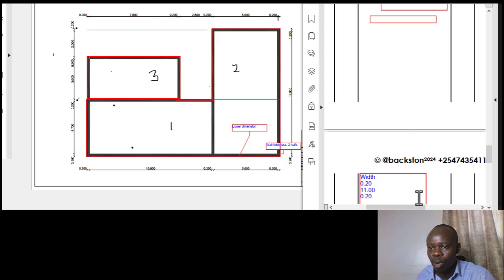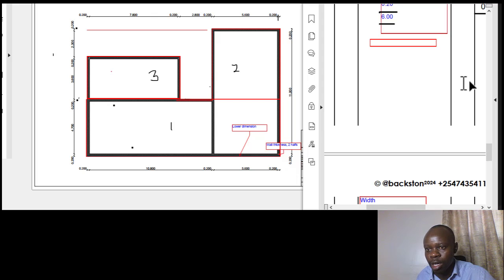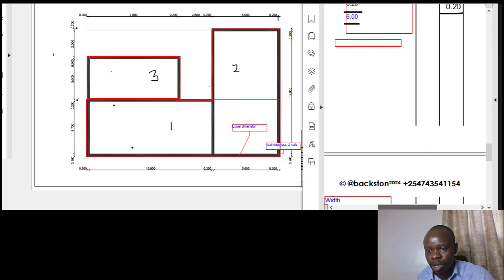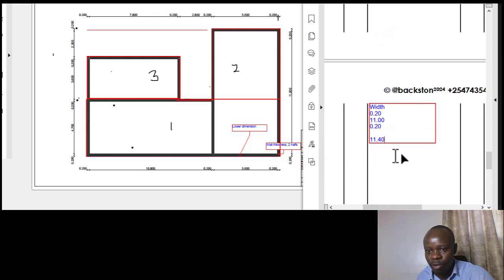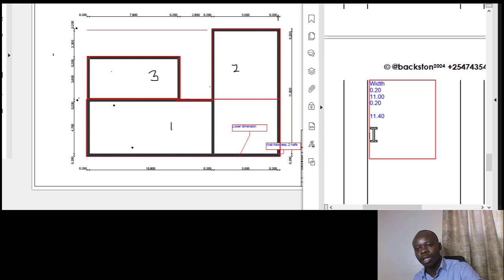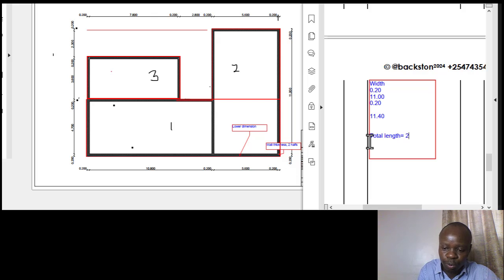So that gives us the length. Okay, the length we had got just on the immediate top, where we got it to be 17.00, and our width we've just got it to be 11.4. So the basic way that you would calculate the perimeter of a rectangle, so the total length therefore would be 2.